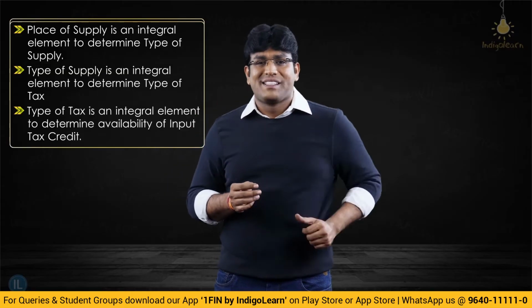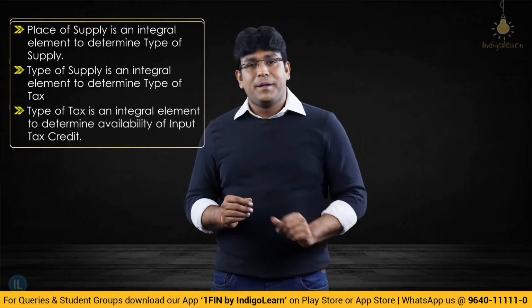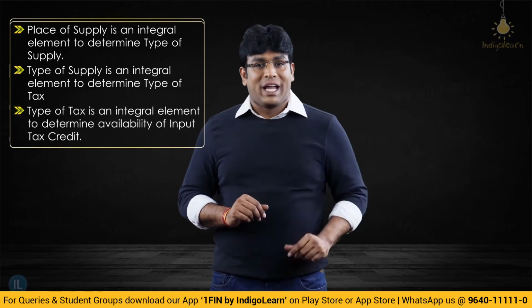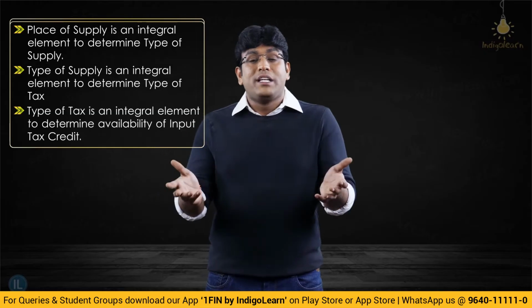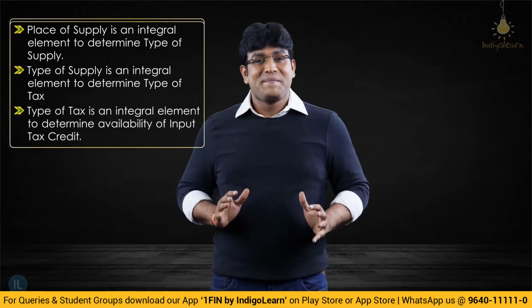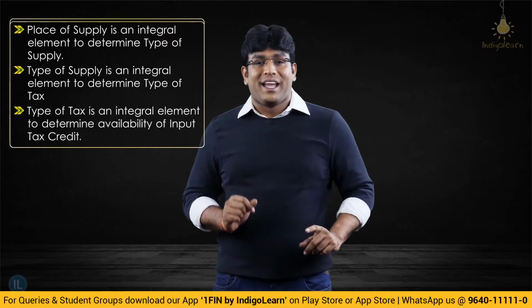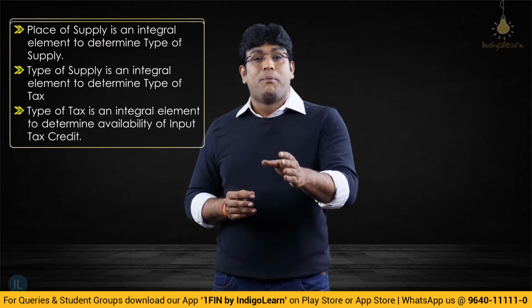What a beautiful language, sir. Come on, let me repeat the line. Place of supply is an integral element to determine type of supply. Next line. Type of supply is integral element to determine type of tax. Type of tax is integral element to determine availability of input tax credit. Why I told you all these points is only to make you understand that place of supply is very, very interesting and very important topic.